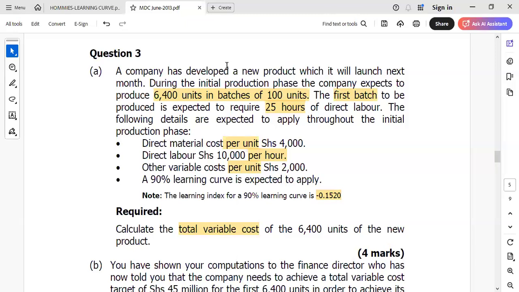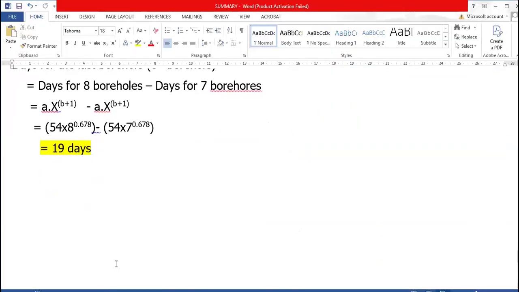Okay, so how can we answer this one? Is it very easy? I believe by now at least you should be seeing something a bit easier.